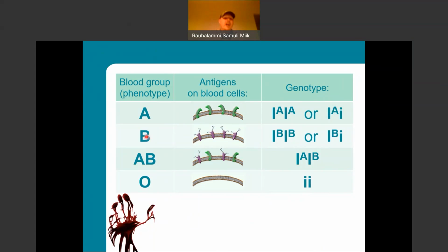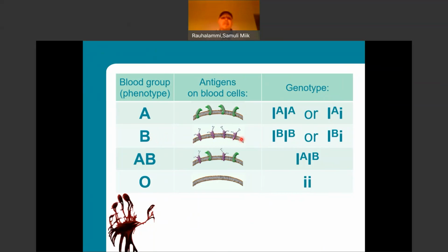Let's have a look at the blood type B. For an individual to be blood type B, their red blood cell surface contains B antigens. So remember those B sprinkles on donuts.